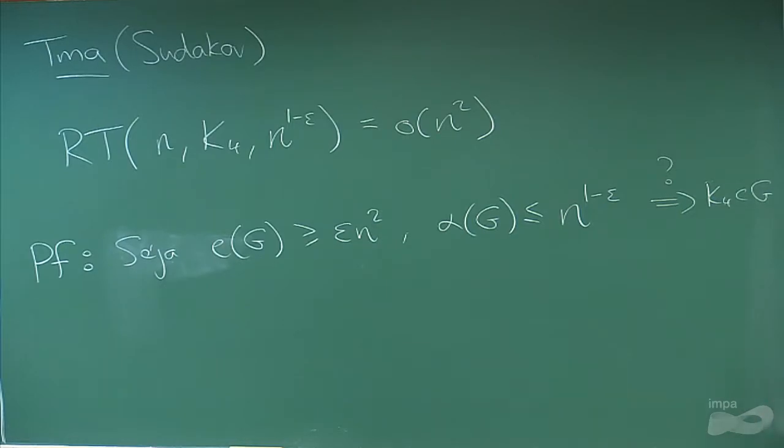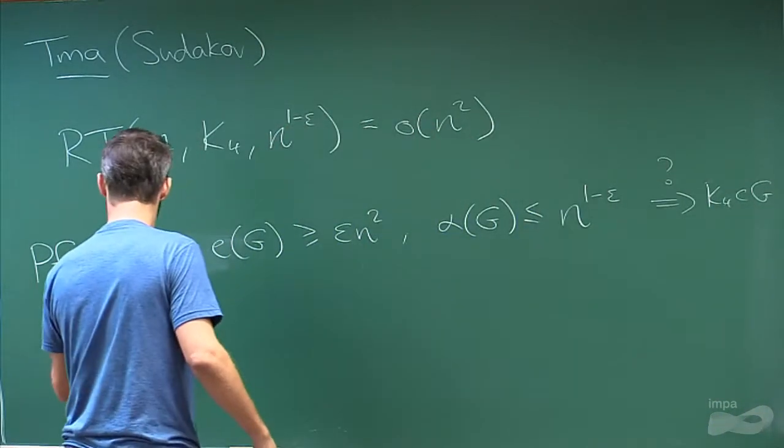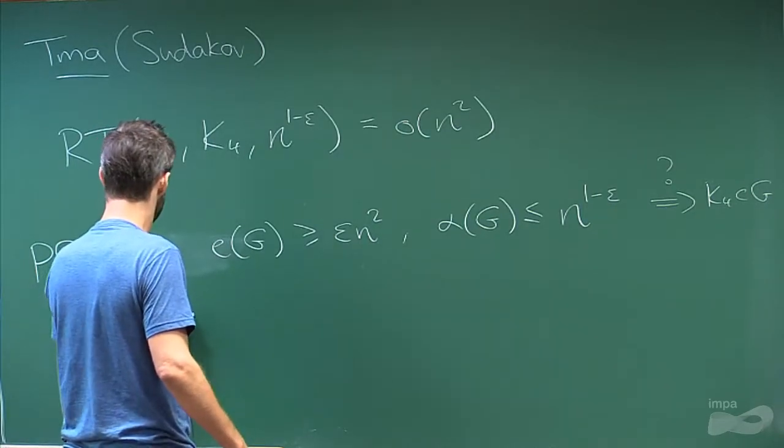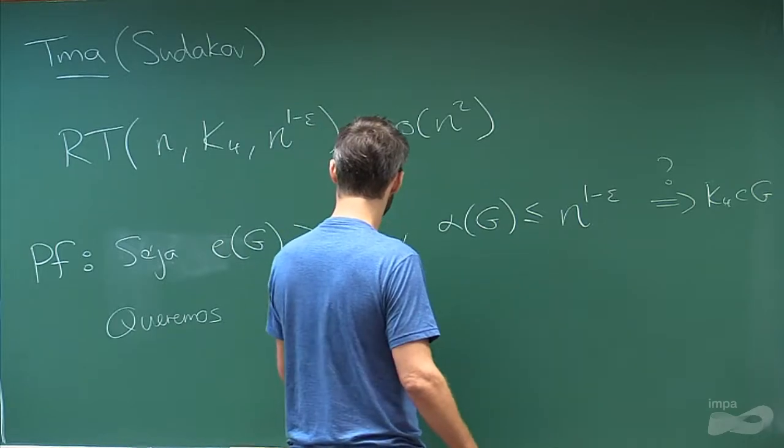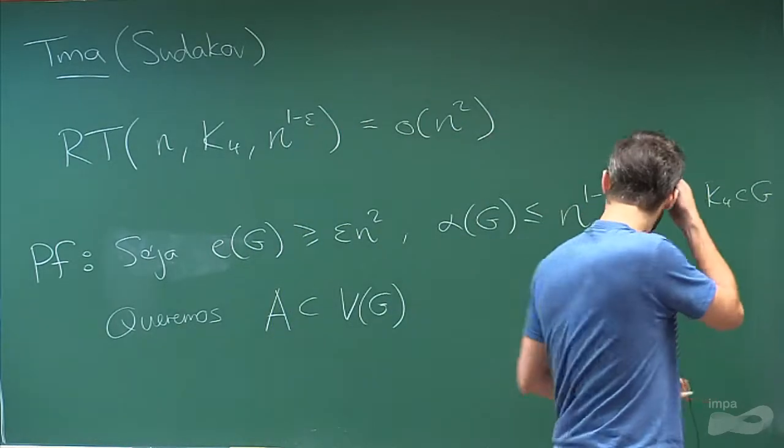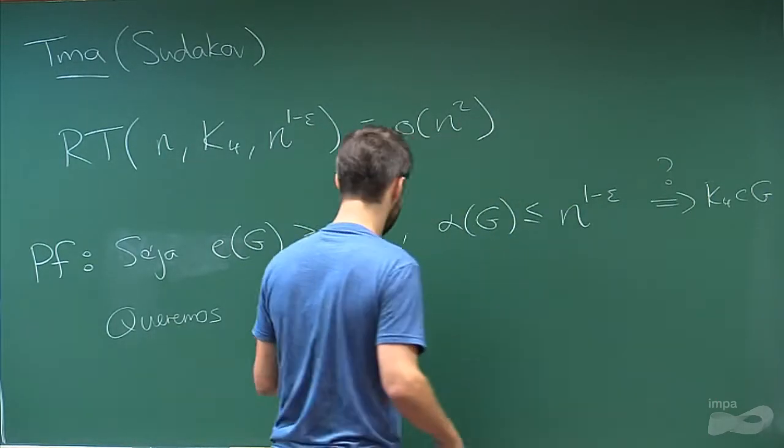So how do you want to find this K4? Motivated by what I drew over there, we need to find a set A, a subset of the vertex set, which is large. And what do you mean by large?